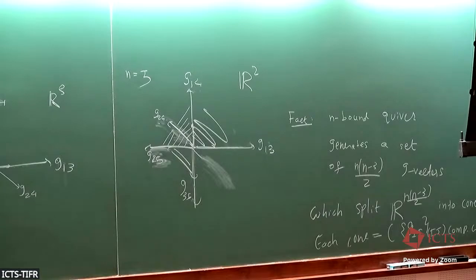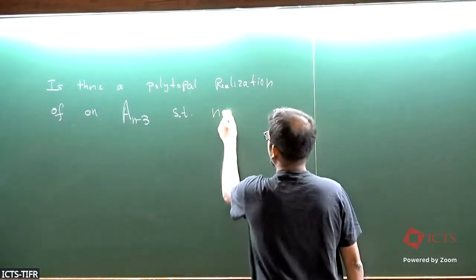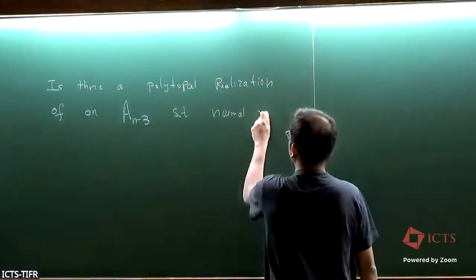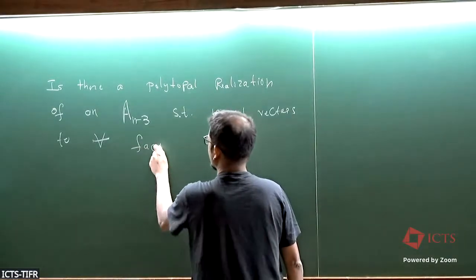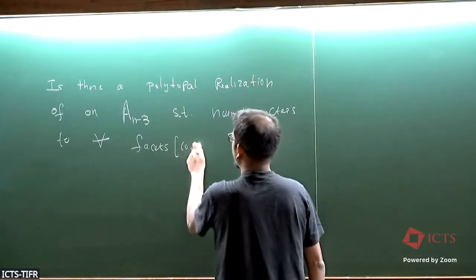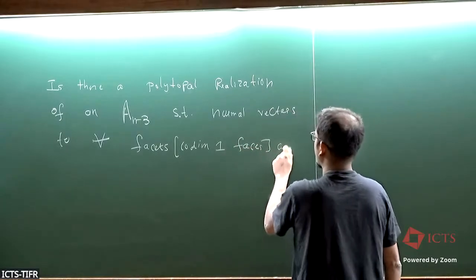An Associahedron of dimension n minus 3, such that normal vectors to all facets, which are codimension 1 faces, are G vectors.